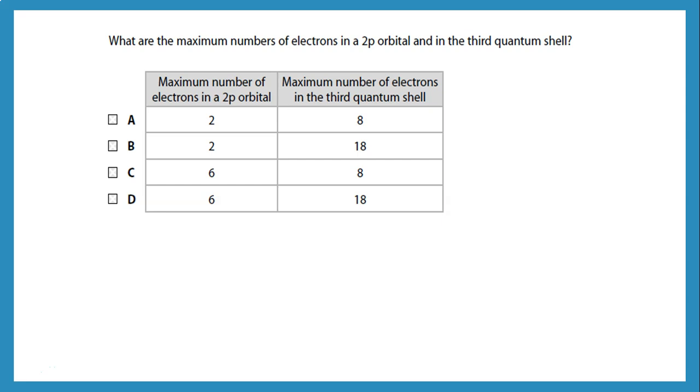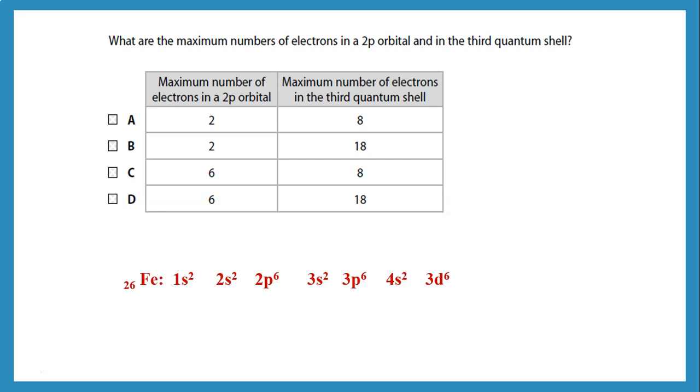What are the maximum numbers of electrons in a 2p orbital and in the 3rd quantum shell? Okay, please be careful. Is he asking about number of electrons in an orbital or in a shell? Well, the first part says 2p orbital.